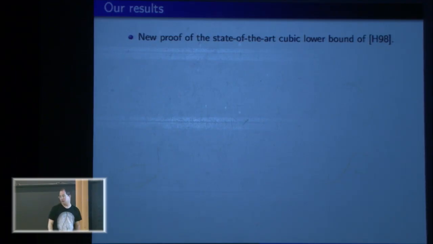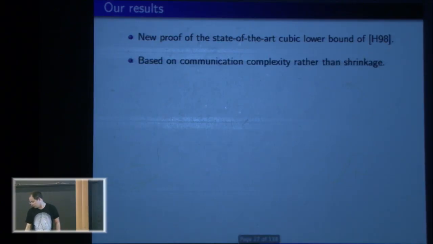So now we also get it in our case. And the nice thing about our proof is, again, it doesn't use shrinkage, it uses a completely different technique from communication complexity. So it's always good to have alternative proofs of lower bounds that use different techniques, because then maybe some of them will be more successful.